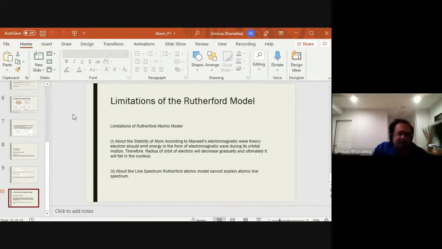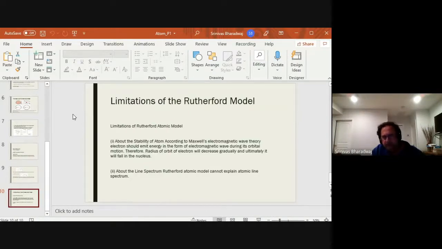Let me take a moment to tell you which chapter in H.C. Verma to read for this. The chapter is chapter 43, and it has a section called the difficulties with the Rutherford model.